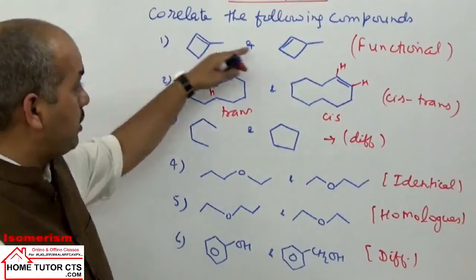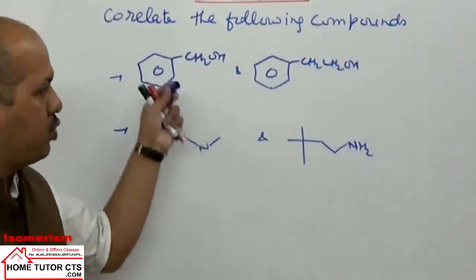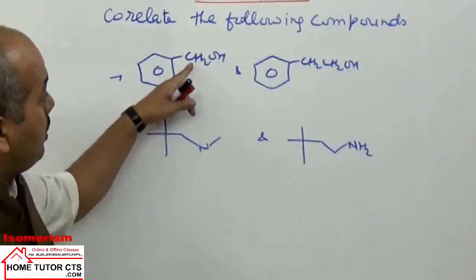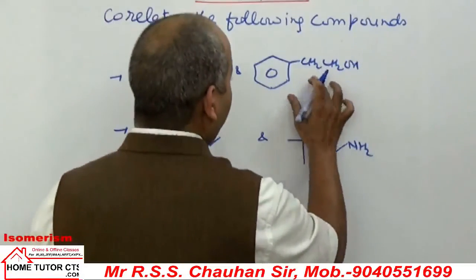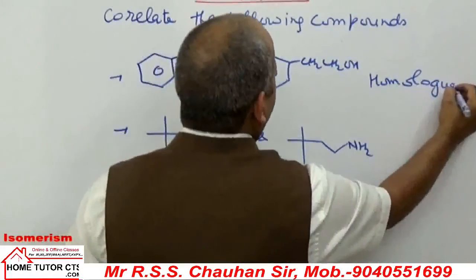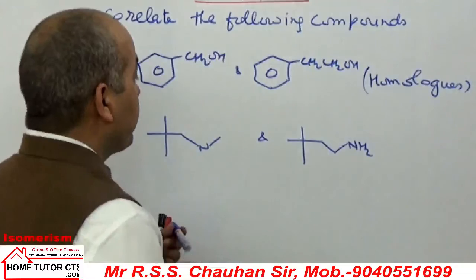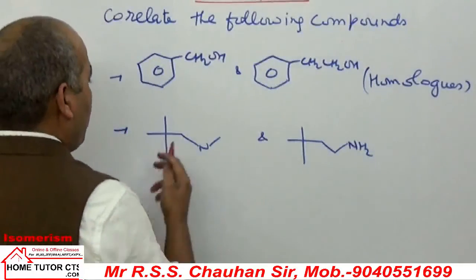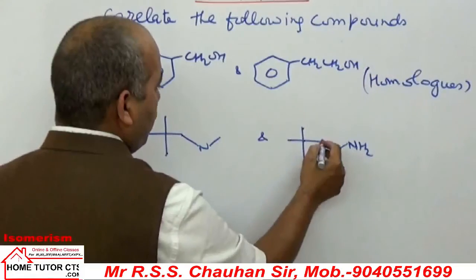Let us take some more examples in the same category. What name can be given to these compounds? I mean, the relation of these two compounds. In this case, both are alcohols. When they are alcohols differing by 1 unit of CH2, we can call them homologues. And what can these two compounds be called here? First, compare the carbon atoms. 1, 2, 3, 4, 5, 6. 1, 2, 3, 4, 5, 6.